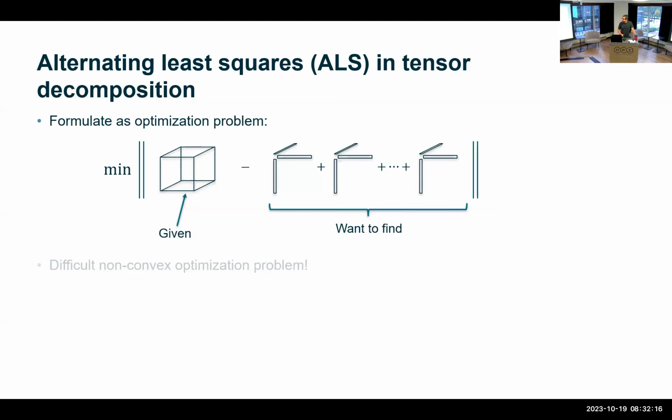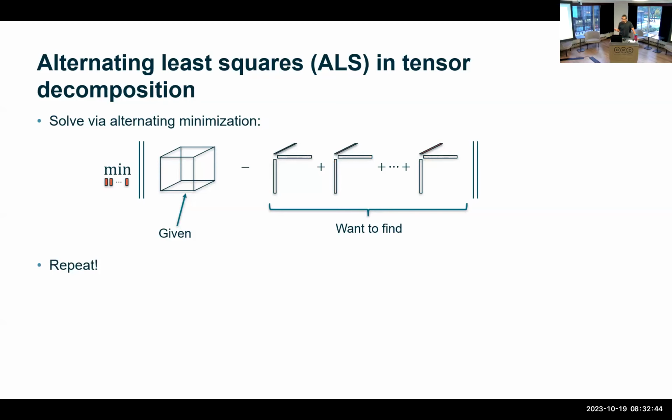The way that a lot of people do this is by alternating least squares. In case you're unfamiliar, the idea here is to not minimize with respect to everything at the same time, but first update a subset of the vectors, this set of red vectors over here. Then we update the next set of vectors, and then this last set of vectors that are pointing into the board.